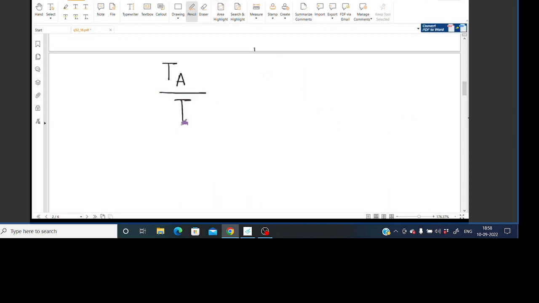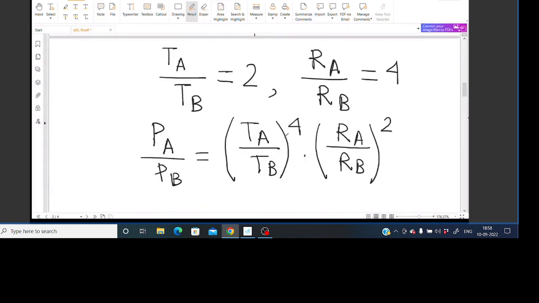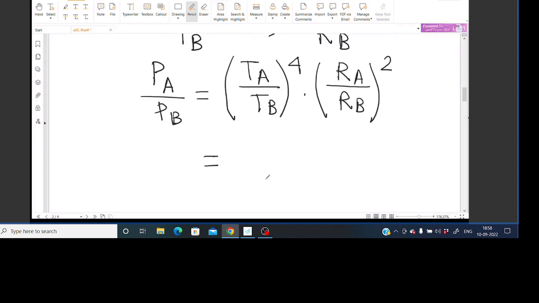In this question, we have TA by TB equal to 2 and RA by RB equal to 4. Putting TA by TB equal to 2 and RA by RB equal to 4 in this expression, we get PA by PB equal to 2 to the power 4 into 4 square.